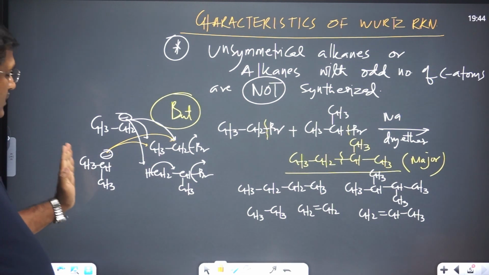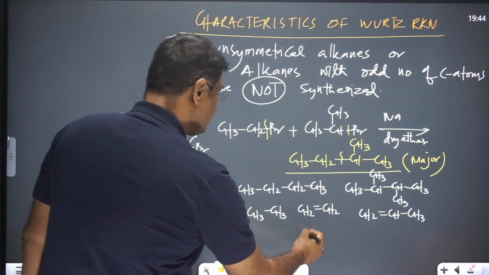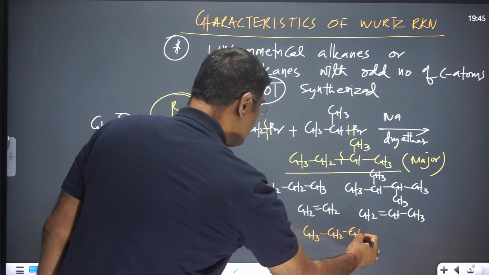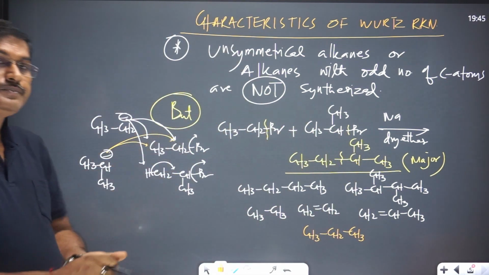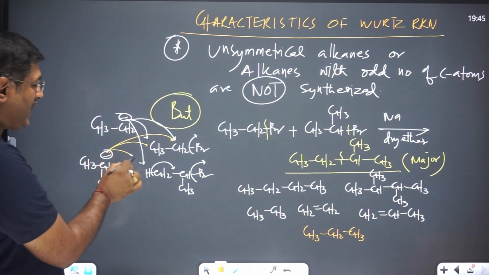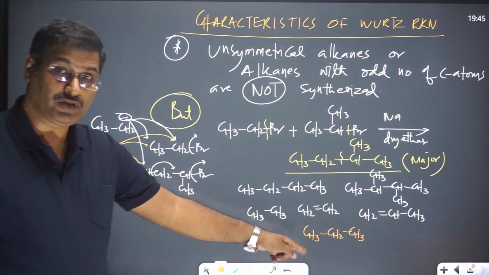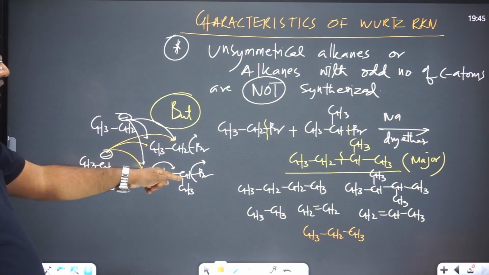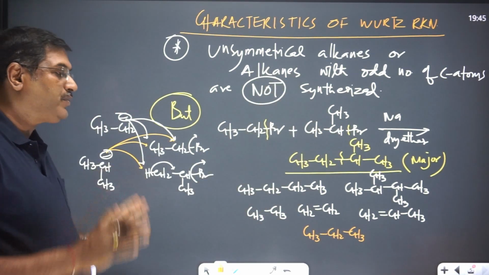In this one is CH3CH2CH3, so a new product forms. This propene is also one of the products this way. And if this one takes the hydrogen from here, then this one is propane. This is also one of the ways of its formation. And if this attacks directly here, this one is the product. Any other product? No.